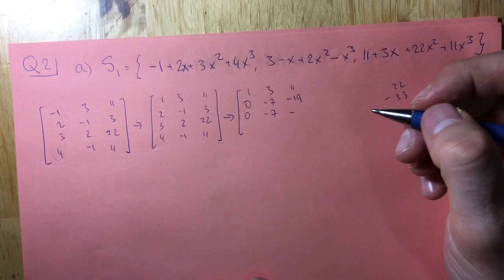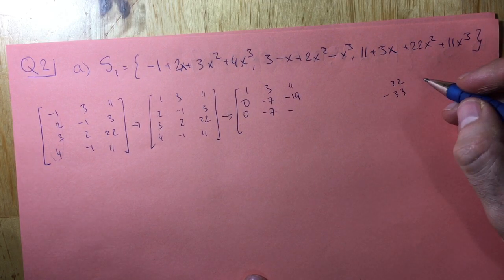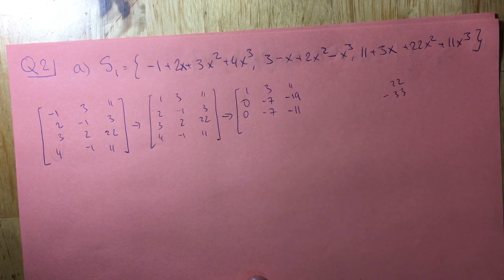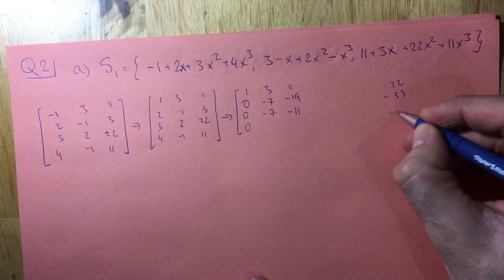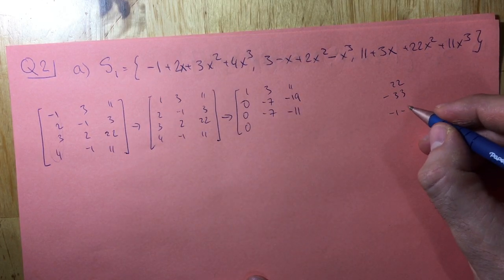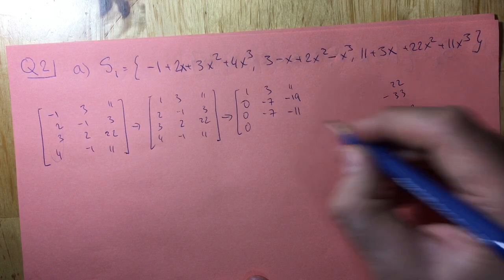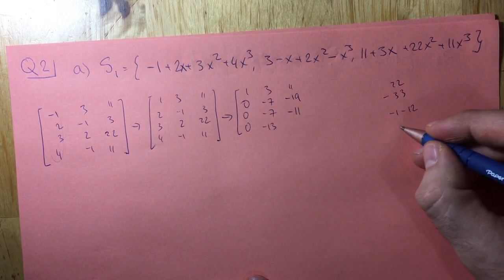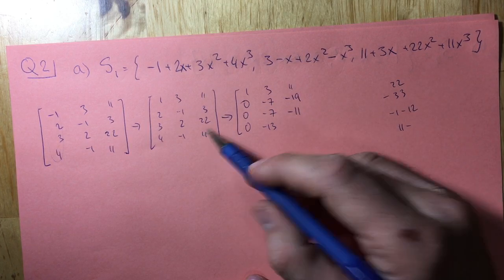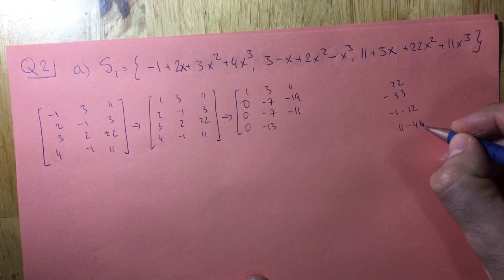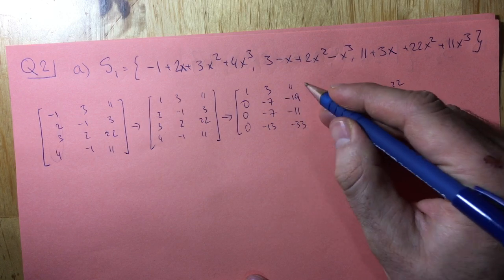Negative 11. Hope I'm not making some big mistake. And then 4 minus 4 is 0, negative 1 minus 12 is negative 13, and then 11 minus 44 is negative 33.